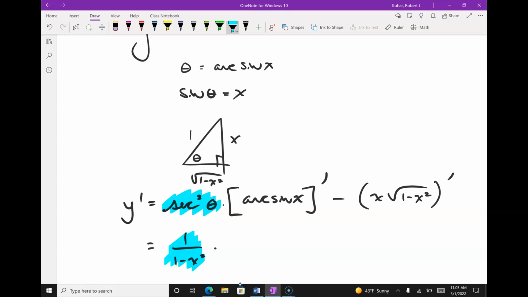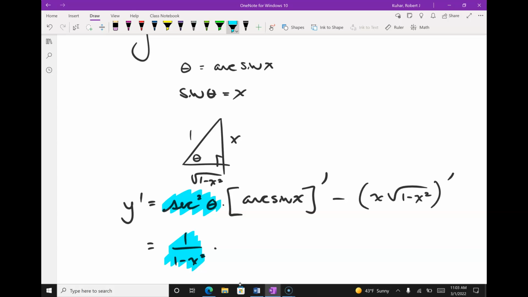I took my secant ratio and squared it. Secant is hypotenuse over adjacent. Yes, so 1 squared is still 1, and the radical squared becomes without the radical.